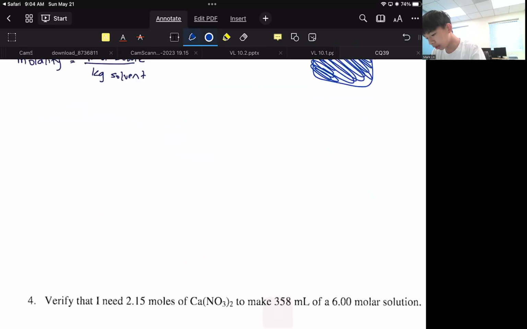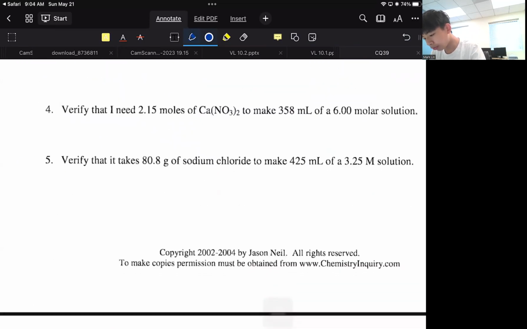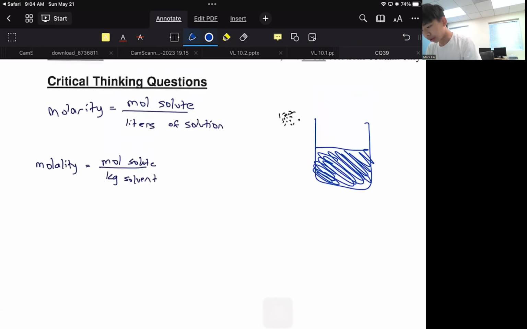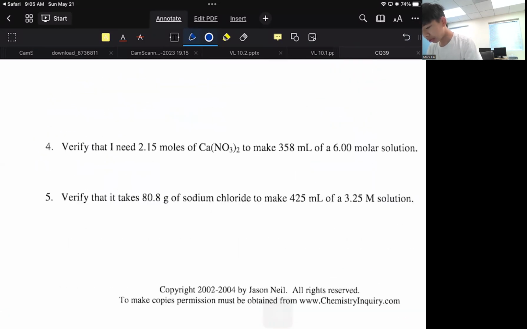All right, cool. Let's get right into it. Number four: verify that I need 2.15 moles of CaNO3 to make 358 milliliters of a 6 molar solution. So this is just finding out what molarity is. Molar is also another way to say molarity. So molarity is moles of solute over liters of solution.